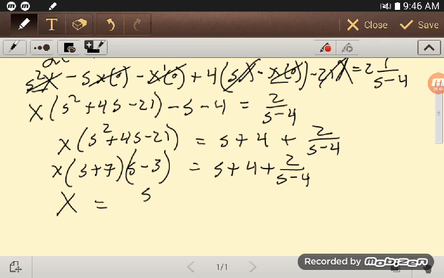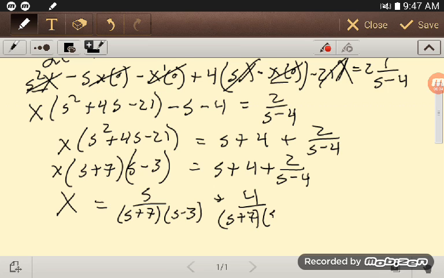And I get s over s plus 7, s minus 3, plus 4 over s plus 7, s minus 3, plus 2 over s minus 4, s plus 7, s minus 3.